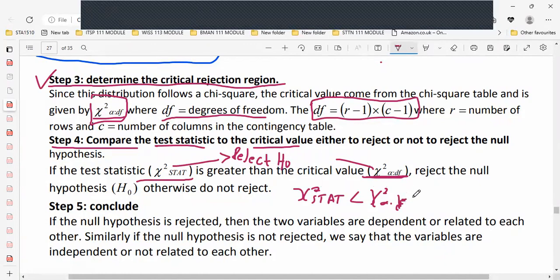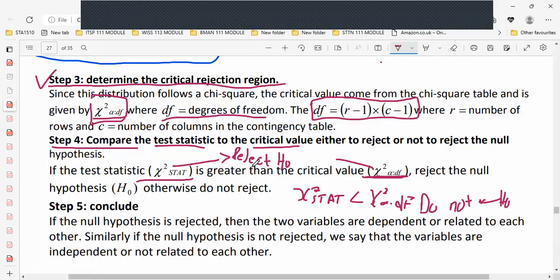We do not reject. If it's less than, then we don't reject. Do not reject H0. If you master this, I'm telling you, you will never go wrong.